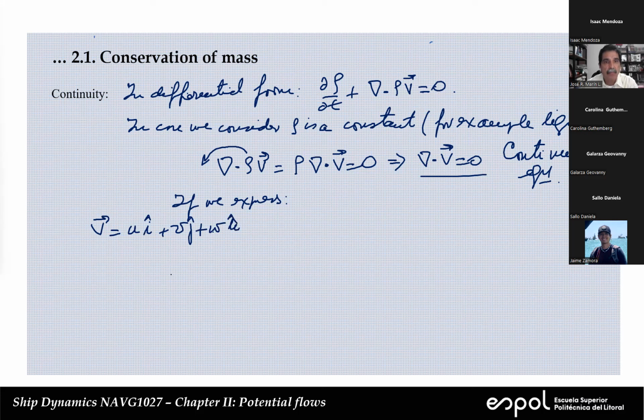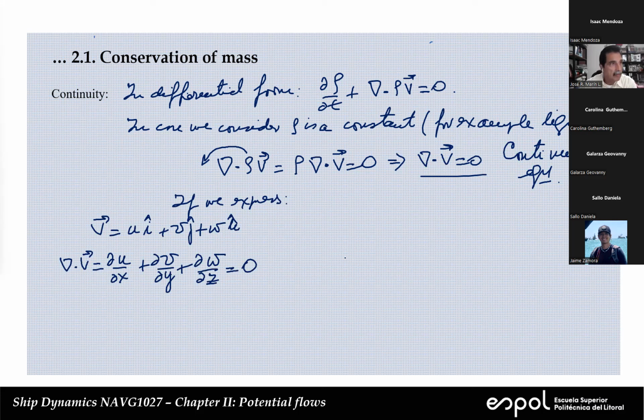So it's the three components of the velocity. So continuity, nabla dot velocity, will give us the derivative of u plus the derivative of v plus the derivative of w, and they have to be equal to 0.